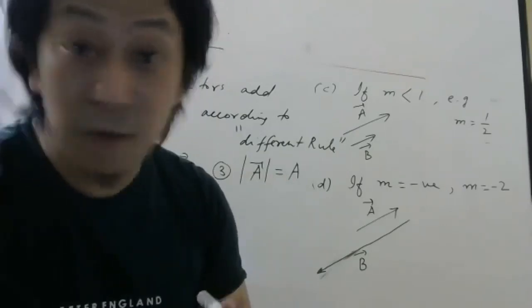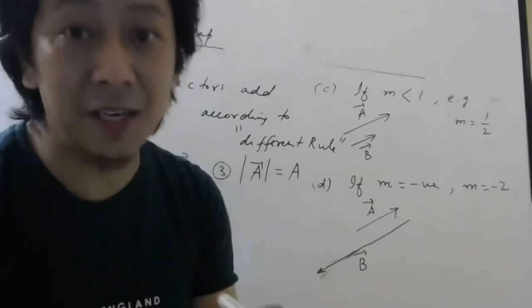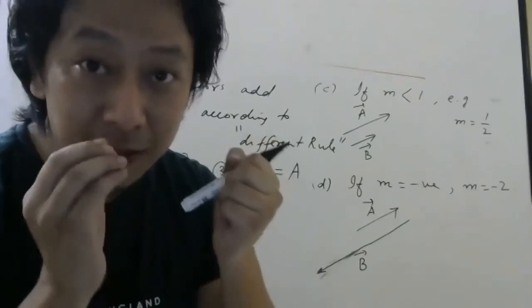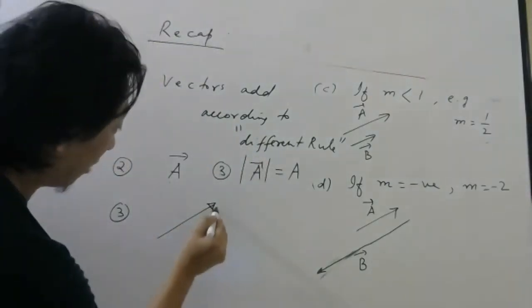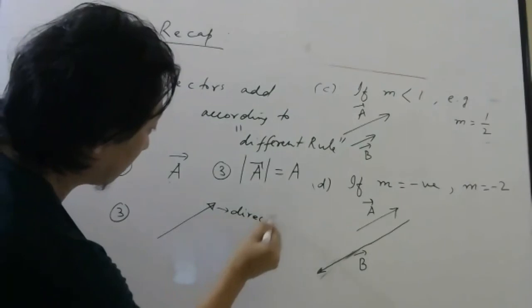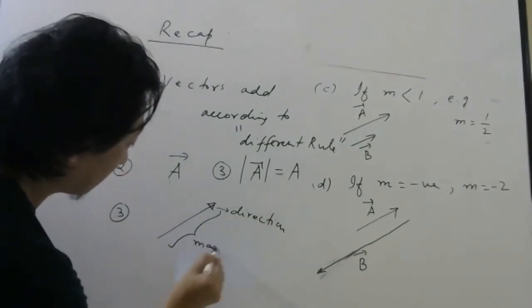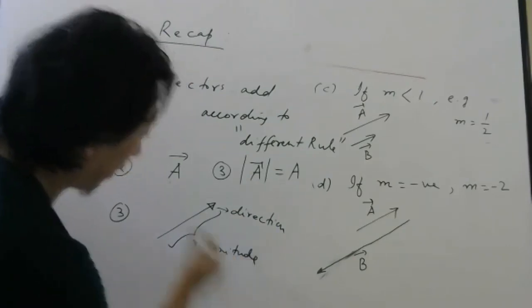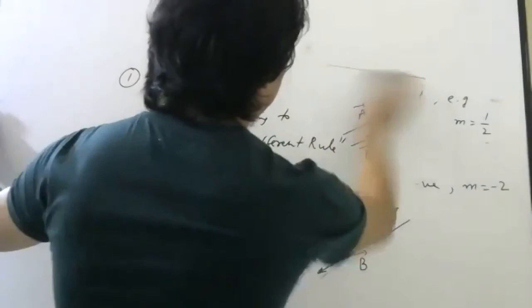So I want to think about vectors, and what we did is make a picture for vectors. The rule given to the picture is this: the arrow will give you direction and the length will give you magnitude.